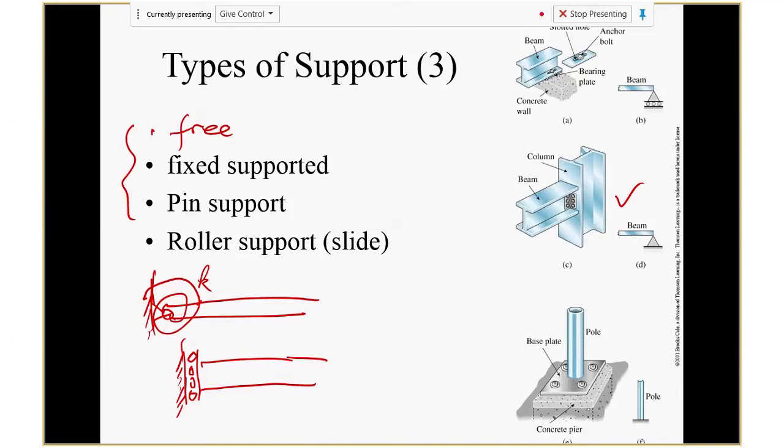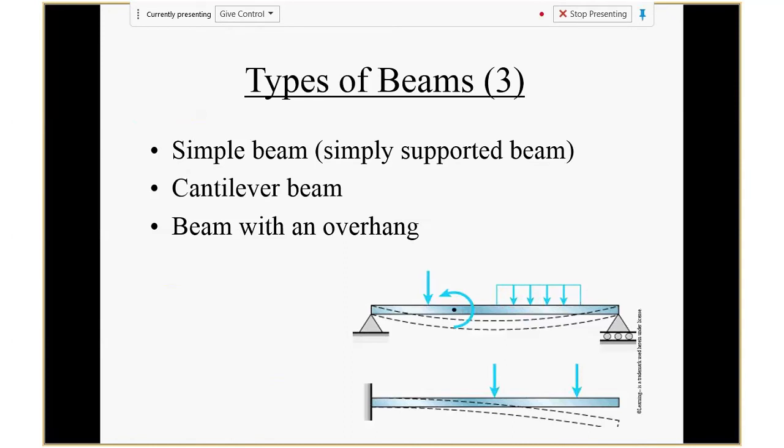All right, so that's how you fix a beam to the wall or to the support part. Okay, there are three main types, or you can say four types that we show here, right? Then because there are different restrictions, the end can be fixed in different ways. So therefore, we're going to talk about three types of beams.